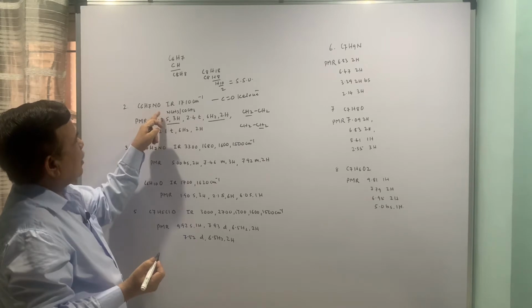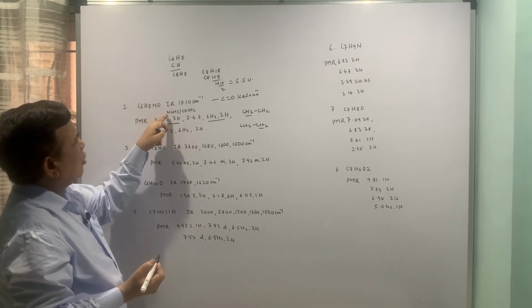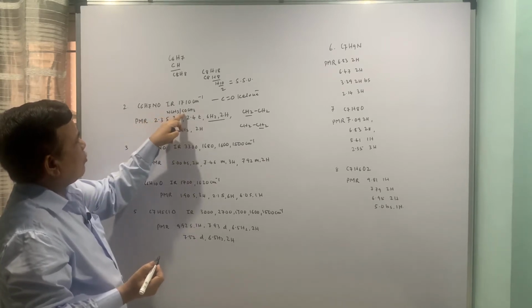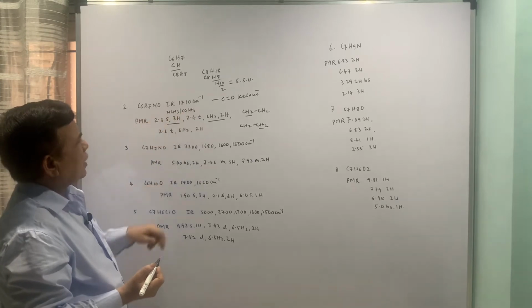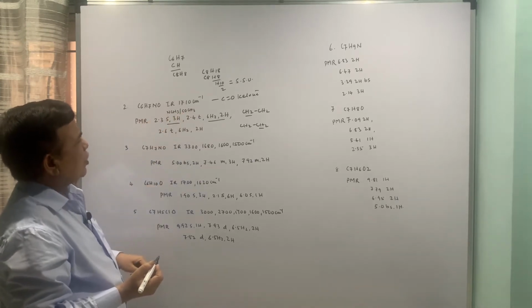can be either in the form of ring, and then it will be COCH3, or it can be NCH3. So 5 sides of unsaturation.